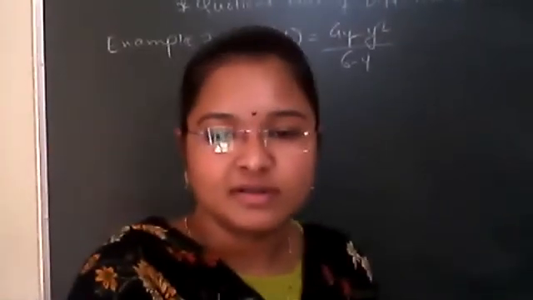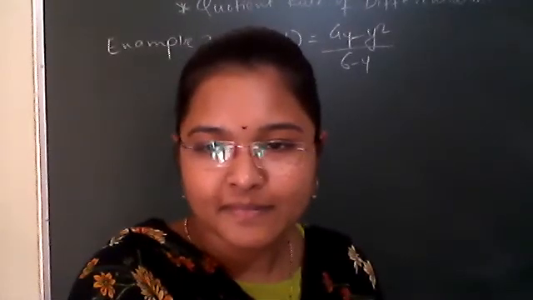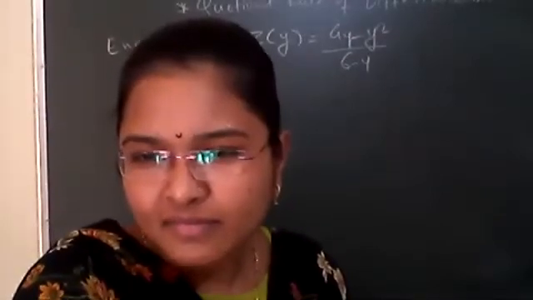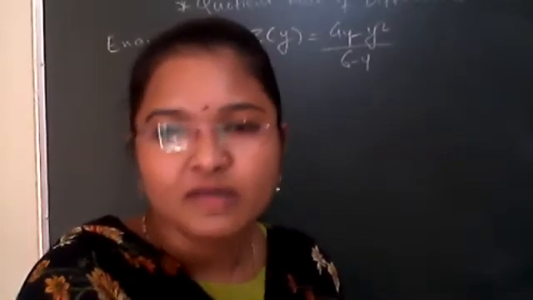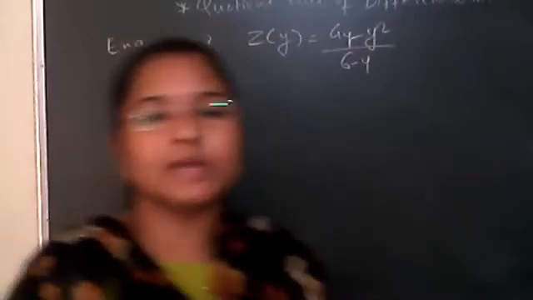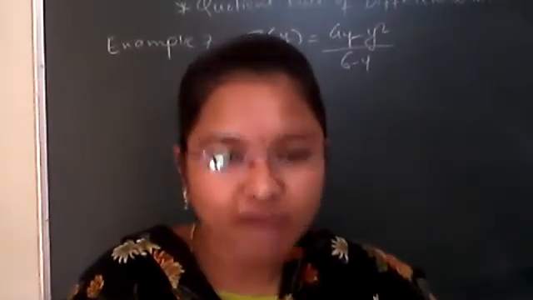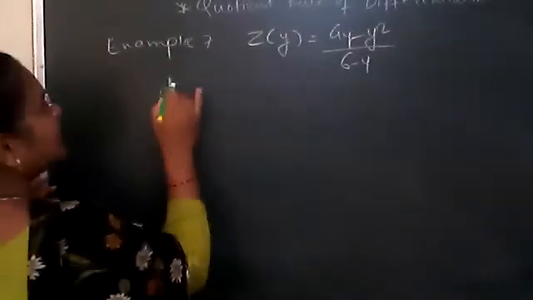Are you present? Yes, ma'am. Okay. What is the derivative now? Here we have to differentiate with respect to which variable? With respect to y. Yes. What is dz by dy?